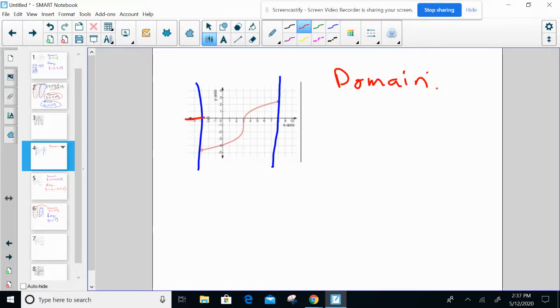For domain, we're looking at this axis right here, all of the x's that are included. Now, there are no x's out here, so at x equals 10, there's nothing out here, right? X equals 9, there's nothing out here. You can actually color in until you hit that point. But at 8, we have an x right here. So it starts right here, and then it's going to go until it hits, what is that, -3?